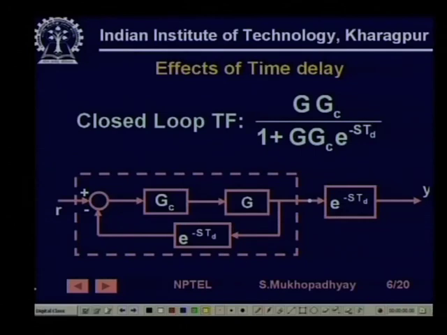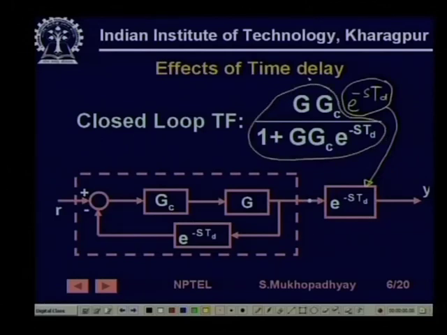Initially our transfer function was GGC e to the power minus s T_D. Now if I take this e to the power minus s T_D outside, then this part of the transfer function can be represented by this block.